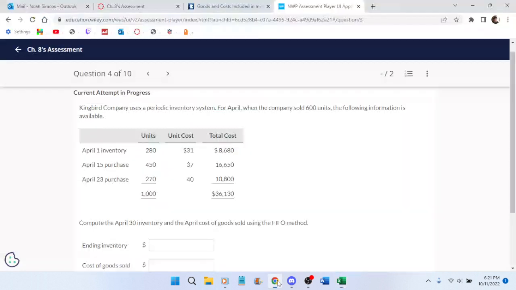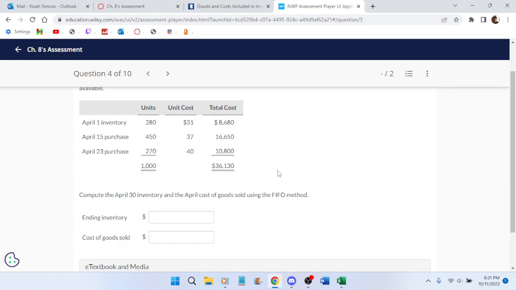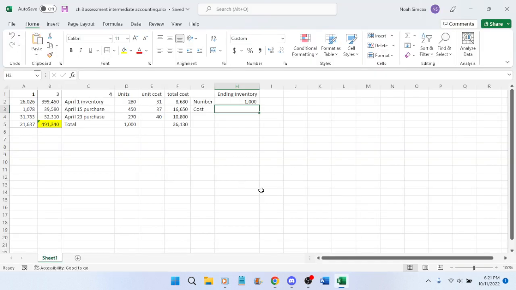This doesn't make any sense. They should have included some stuff where they sold units. Oh, never mind, they did. They sold 600 units. For the whole month, they sold 600 units.